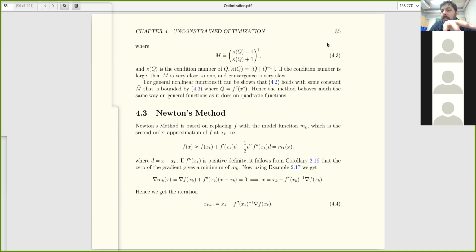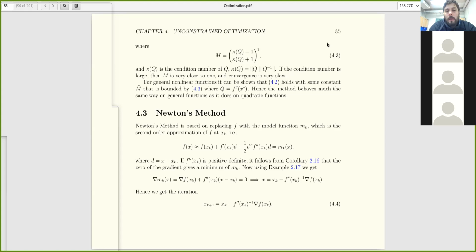So this approximates it using a second order polynomial, if you will, at point xk. And it tells you our guesstimate of the value of the function at point x. And we look for an x in such a way that the gradient of this mk is 0. So we look for a point where there's a critical point of mk, right?